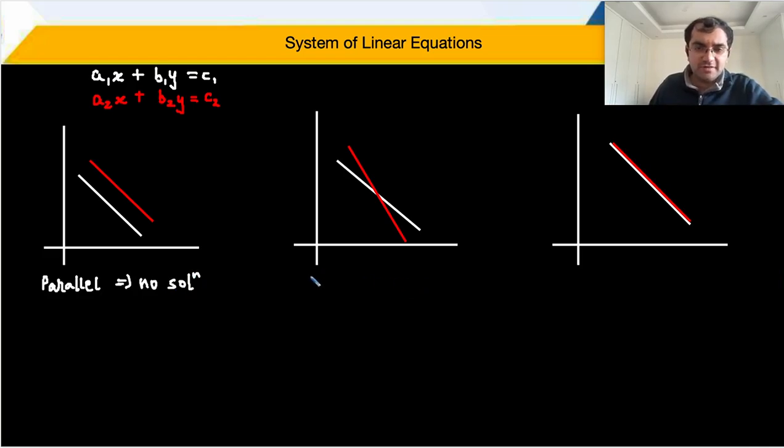And if the lines are intersecting, then obviously two lines can intersect at only one point. So we will say unique solution or single solution. The lines are intersecting, there is a unique solution.